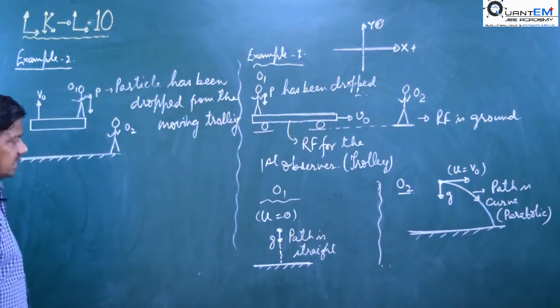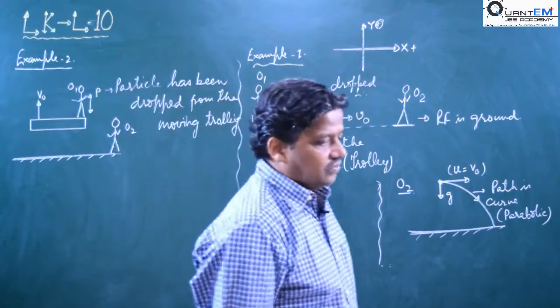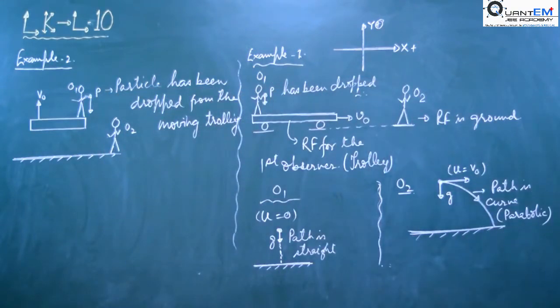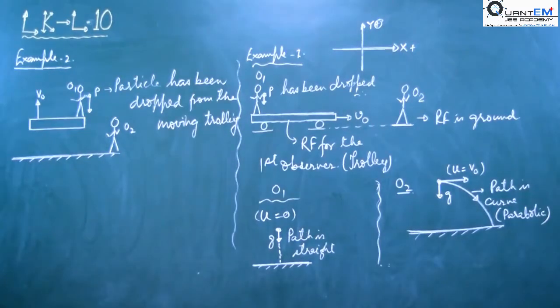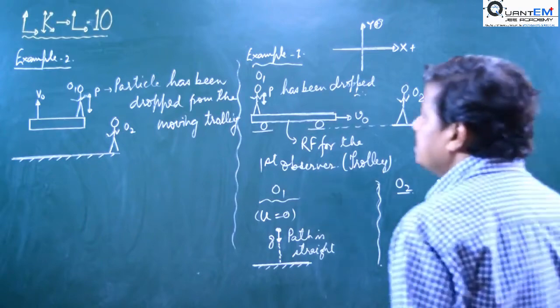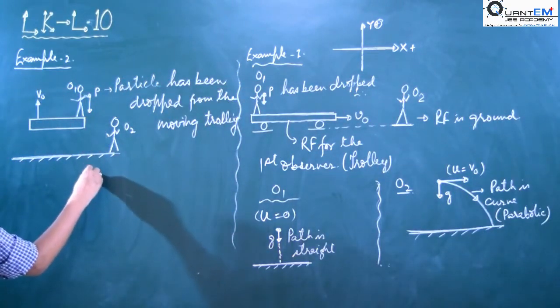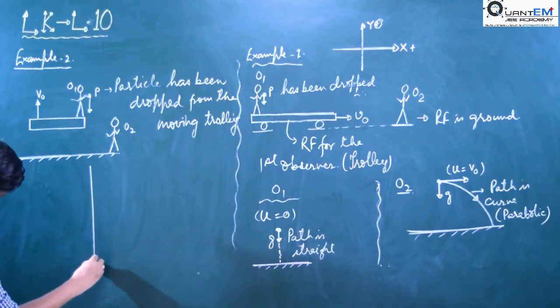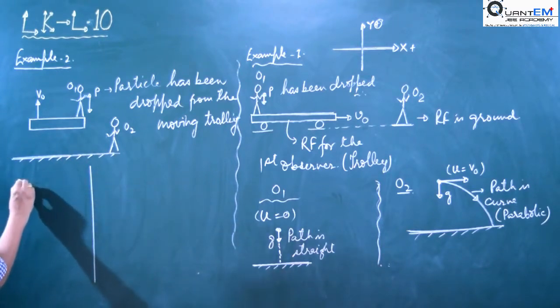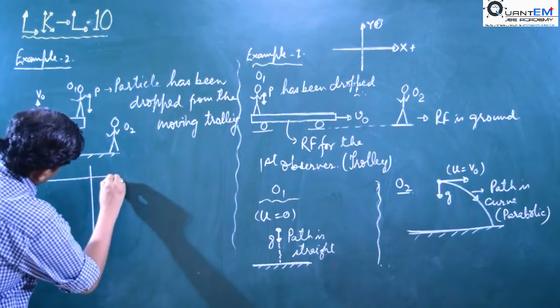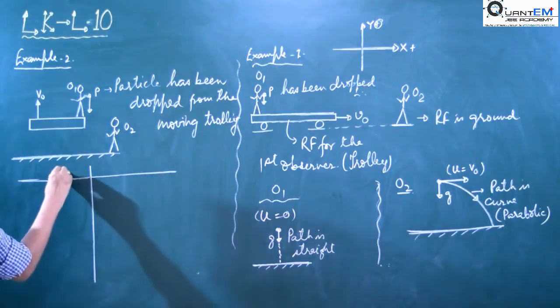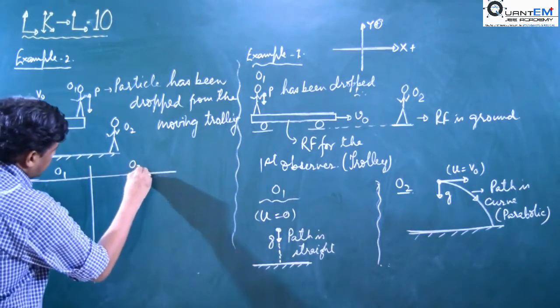Okay, so now we come to the conditions for observer 1 and observer 2. Nature of the path traced by the particle. Now we come to the nature of the path traced by the particle for both the observers, observer 1 and observer 2.